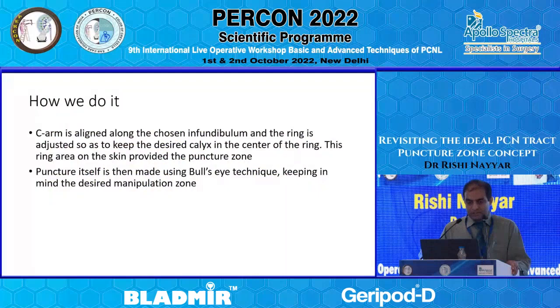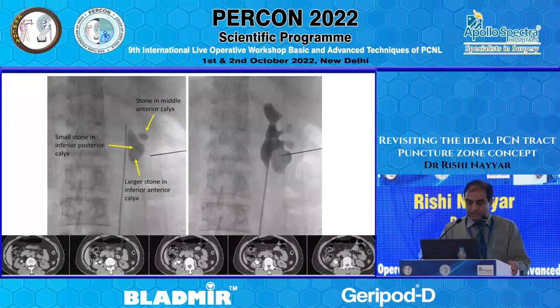So these are some of the examples. In this particular case, there is a large inferior calyceal stone which is entering into the renal pelvis, along with a posterior inferior stone in a smaller calyx, and this was in the middle anterior calyx.